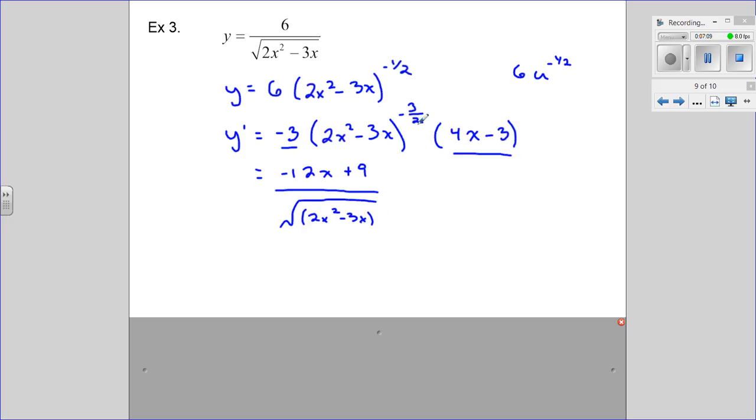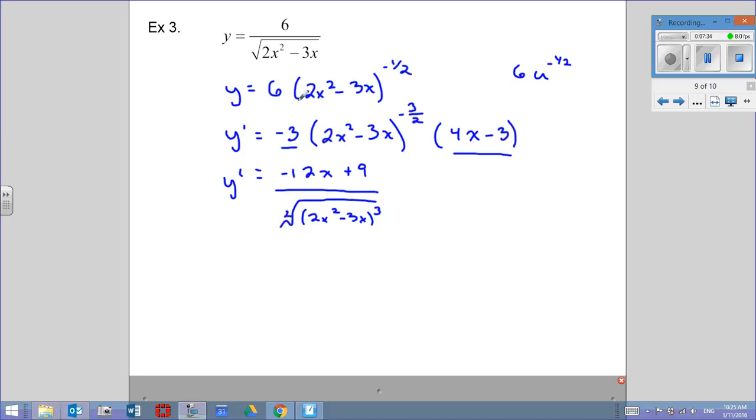So remember, the denominator of a rational index is your root, and the numerator is your power. So the 2 technically is here. The negative tells us we're in the denominator, and then the negative 3 times the 4x is negative 12x. Negative 3 times negative 3 makes the positive 9. So this is your derivative written in the best form to leave it in.